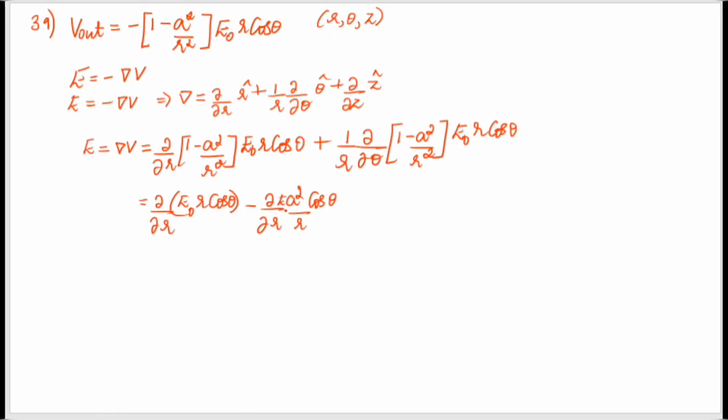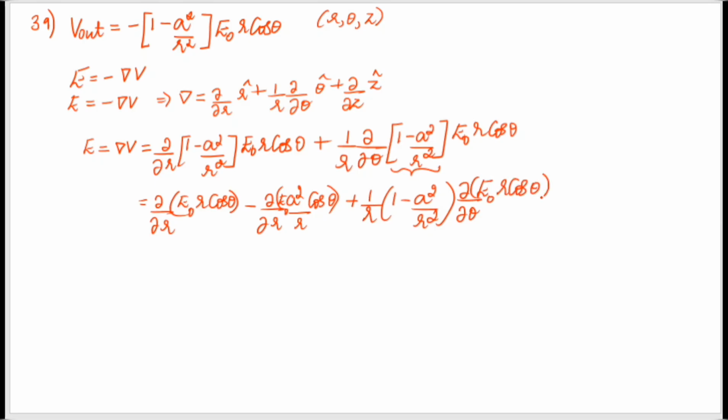Coming to the next part, this has only the dependence on R, so I can take it outside the bracket, since it is a constant. I can take out the partial derivative with respect to theta: 1 divided by r, 1 minus A square divided by R square, of dou divided by dou theta of E naught R cos theta, where E naught is also constant.